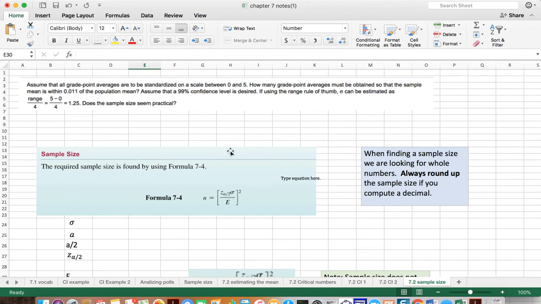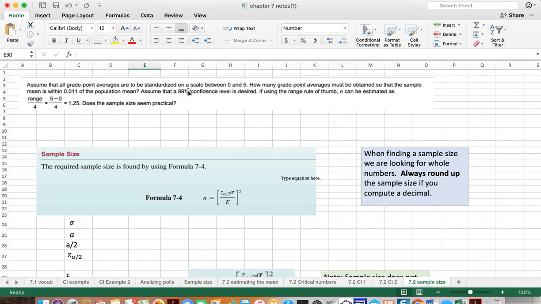So here we have a problem to find the sample size for a study. It says, assume that all grade point averages are standardized on a scale between 0 and 5. How many grade point averages must be obtained so that the sample mean is within 0.011 of the population mean? So here is our margin of error, and we want a 99% confidence interval.